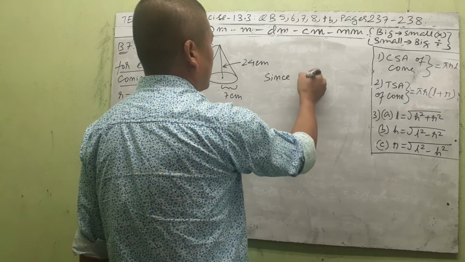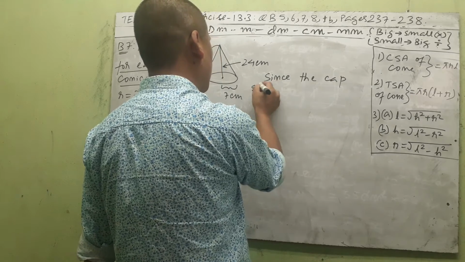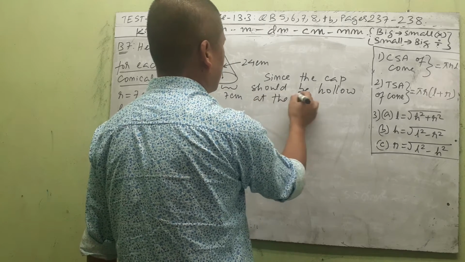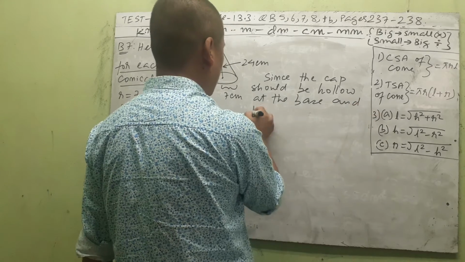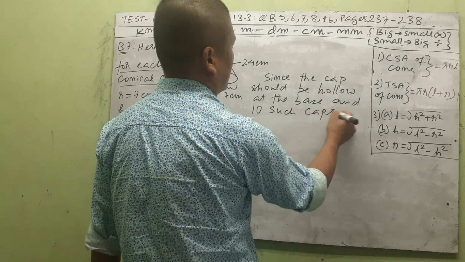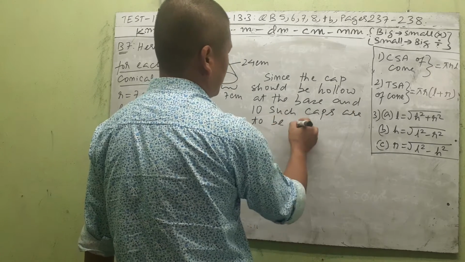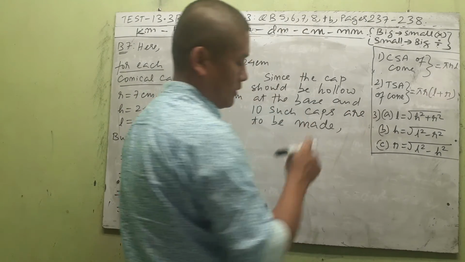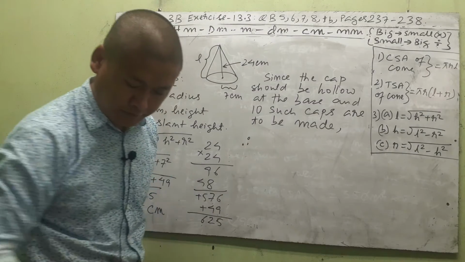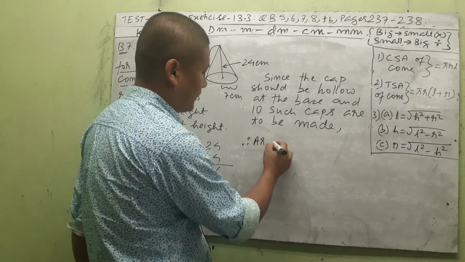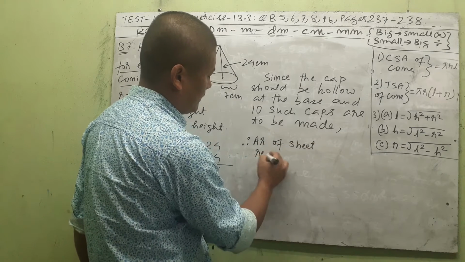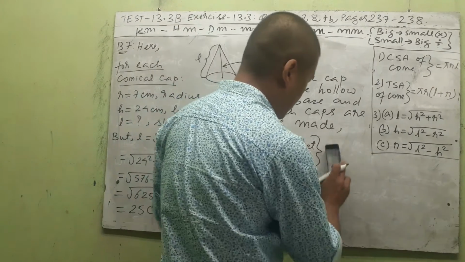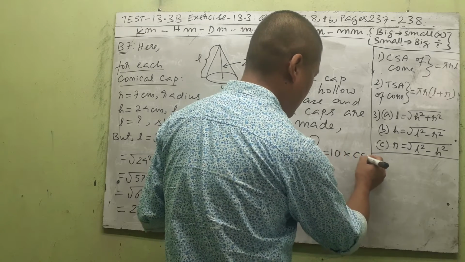Since the cap should be hollow at the base and 10 such caps are to be made, the question is asking for the area of sheet required, which will be 10 into the curved surface area.